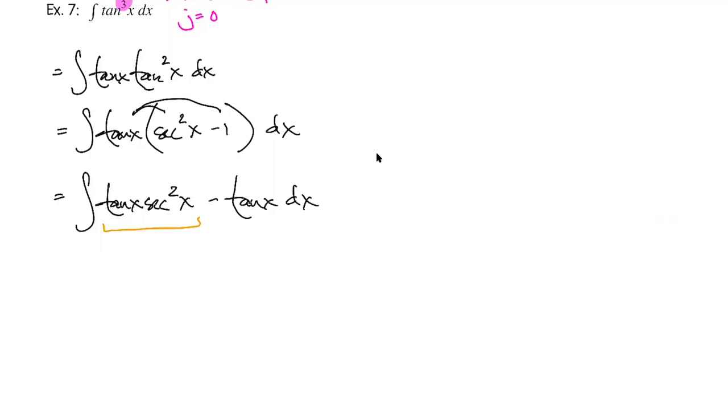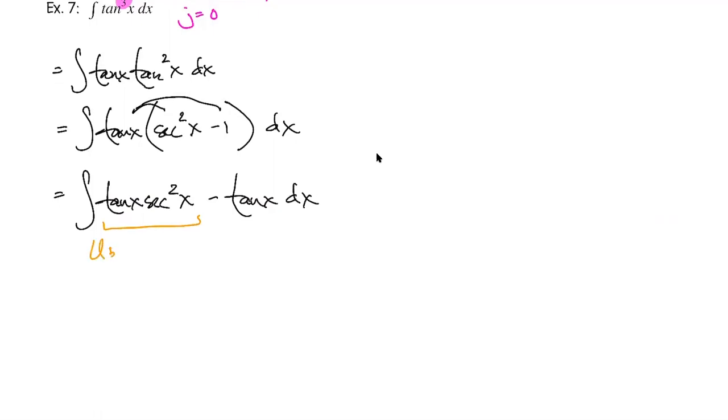And the answer here is yes, because I see a tangent and the derivative of tangent is secant squared. So my strategy for this first part is going to be u sub. And my u will be tangent x. My du will be secant squared x dx. Okay.